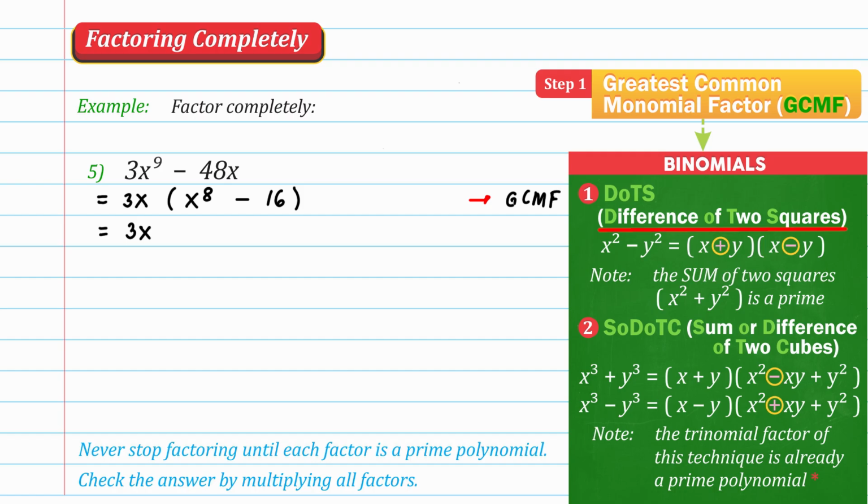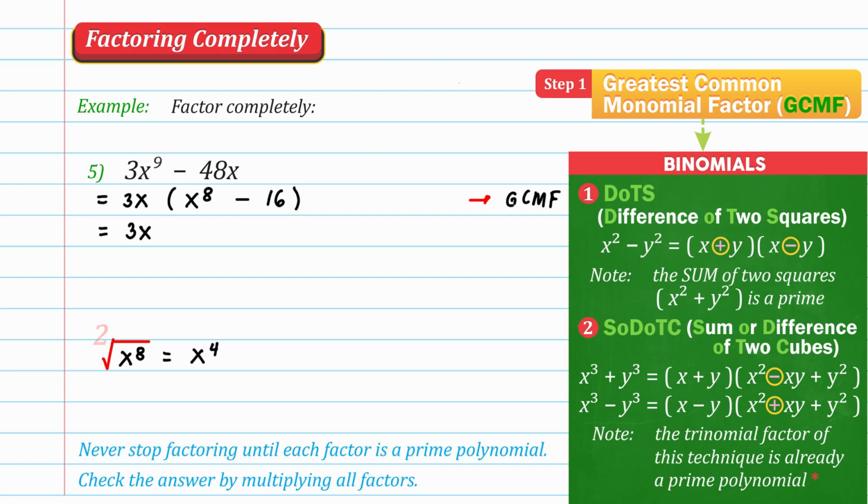Let's check. Let's ask, is x to the 8 a perfect square? It's a variable with even exponents. So, square root of x to the 8, copy the variable x, and simply divide the exponent 8 by 2. It's x to the 4th.